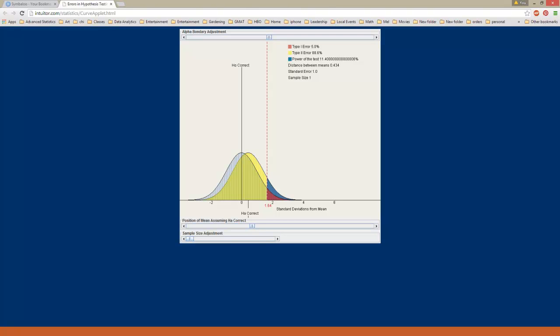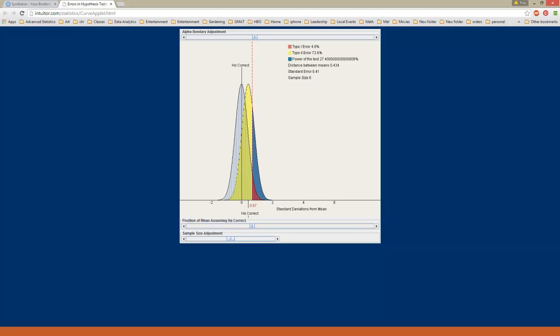But if our sample size goes up, look what happens to the shape of those curves. What I have to do is now readjust over here to a type 1 error of 0.05, or 5%, because the curve has moved.